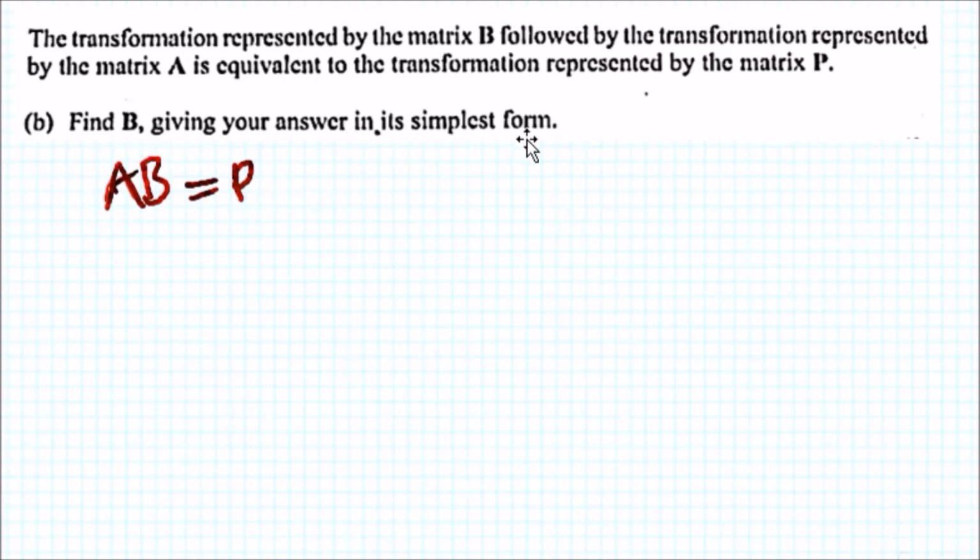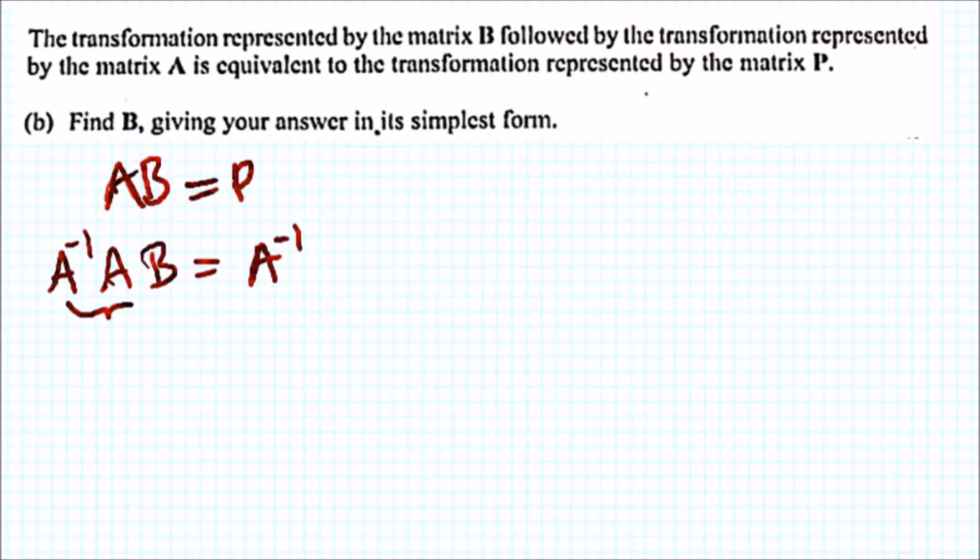So when we want to find a matrix, we want to really isolate it. So using some kind of algebra, we can realize that just multiplying both sides by the inverse of the matrix A, so we have inverse A times A, would actually cancel out the matrix. And of course, as per algebra, you need to multiply on both sides.